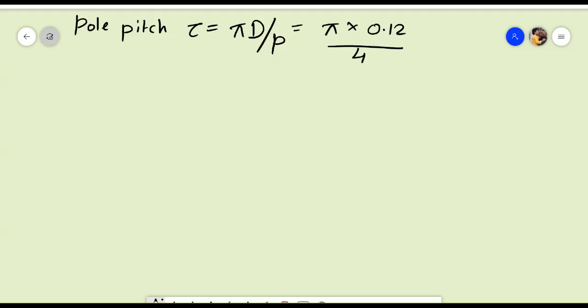So we got our pole pitch, the value of that is equal to 0.094 meter, right?